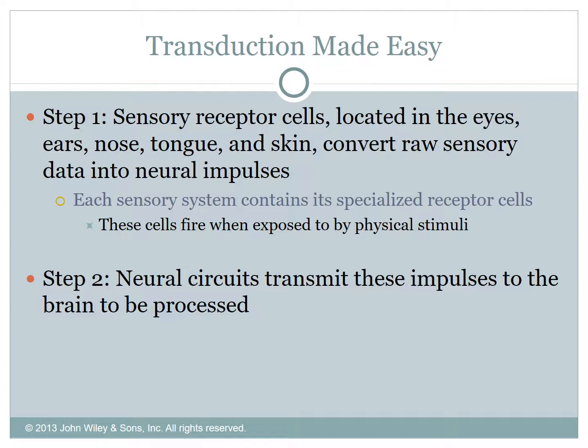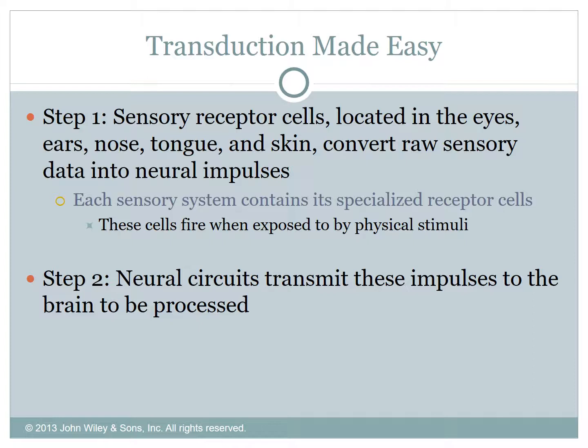Your sensory receptor cells exist for all of your senses, in your eyes, your ears, nose, tongue, skin, almost all over your body really, you have these sensory receptor cells. And they're all specialized to take in exactly that one type of sensory information that no other kind of cell can take in.